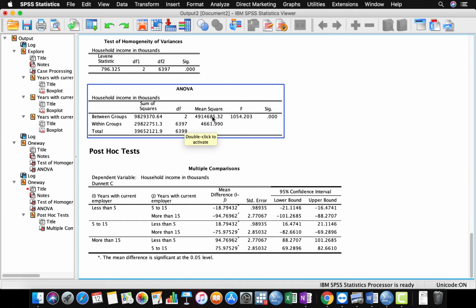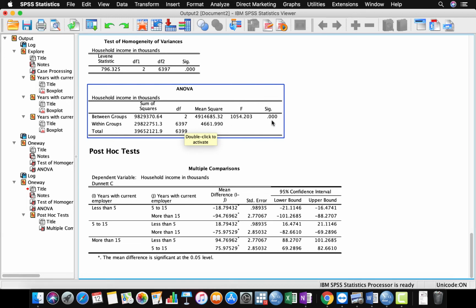Mean square is the sum of squares between groups divided by degrees of freedom, and the same goes for mean square within groups: sum of squares within groups divided by degrees of freedom. This is the F value. The F value is mean square between groups divided by mean square within groups.